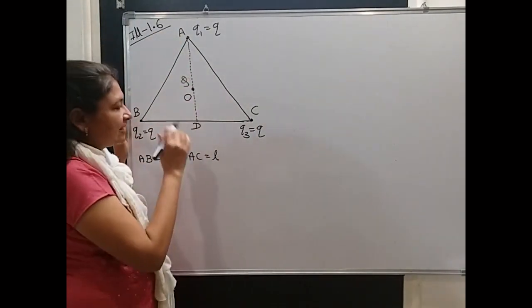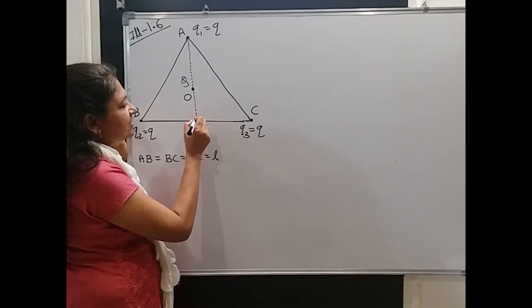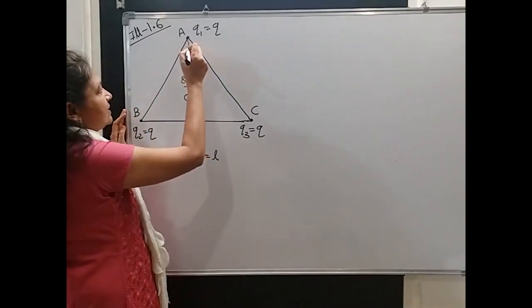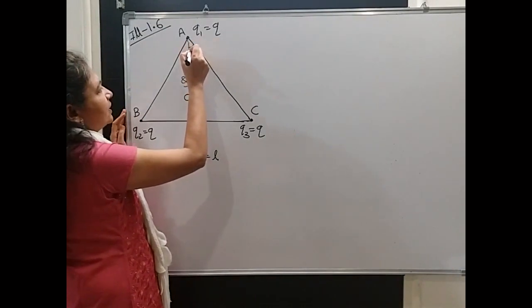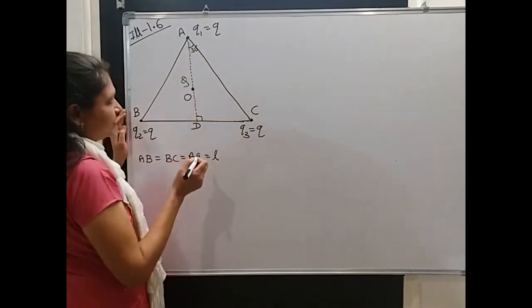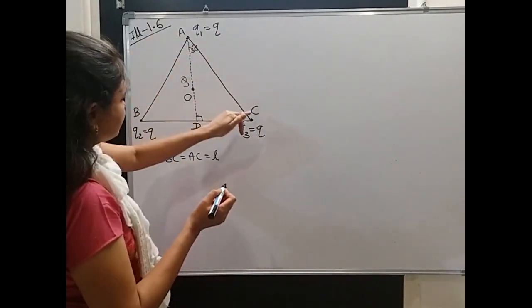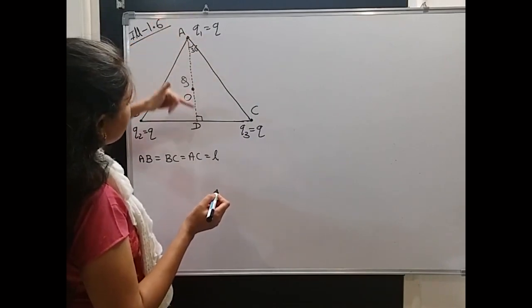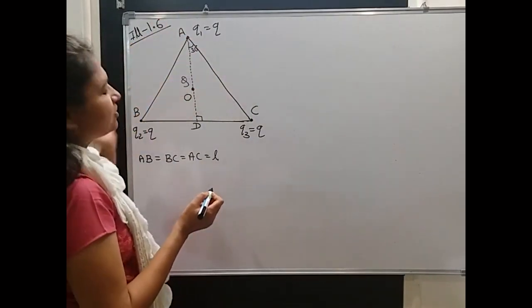Because it is an equilateral triangle, this angle will be 90 degrees, and this angle will be 30 degrees, because the whole angle is 60 and this is half. So I can say that AD equal to AC cos 30.